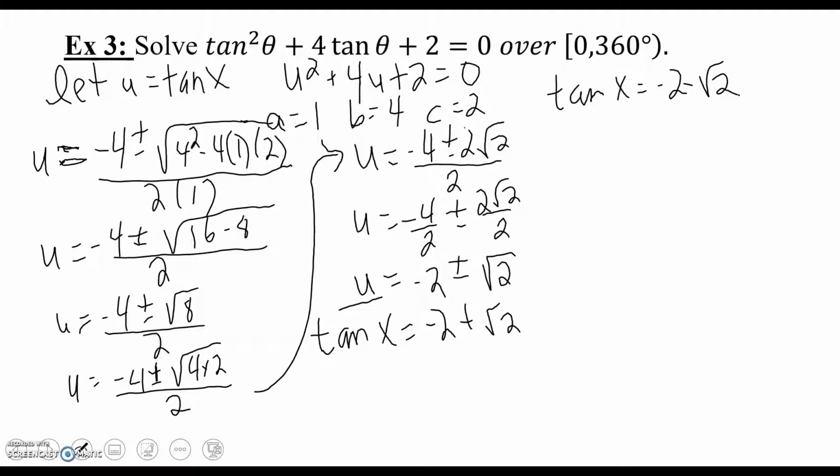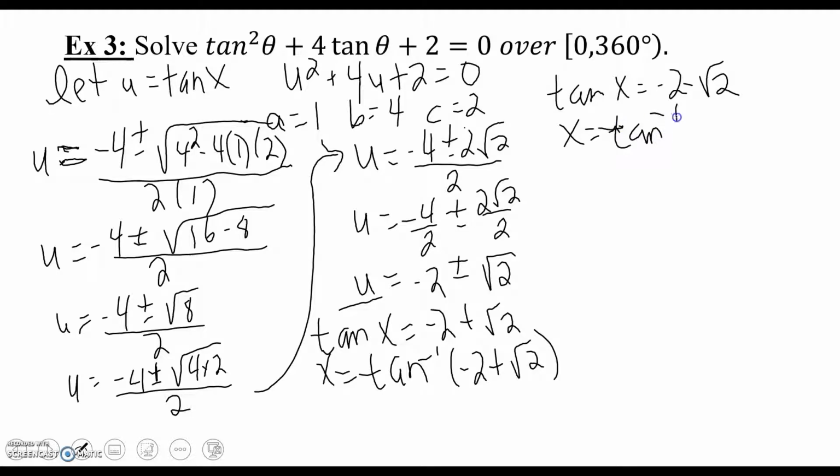And so we would need to take the inverse tangent. So for this first one, x is equal to the inverse tangent of negative 2 plus the square root of 2. And here x is equal to the inverse tangent of negative 2 minus the square root of 2. And we will most definitely have to plug both of these in our calculator.